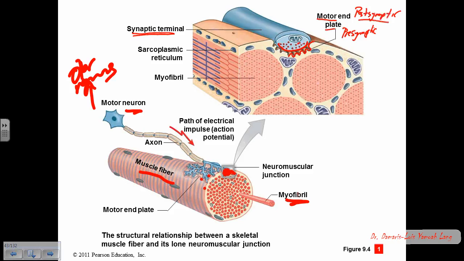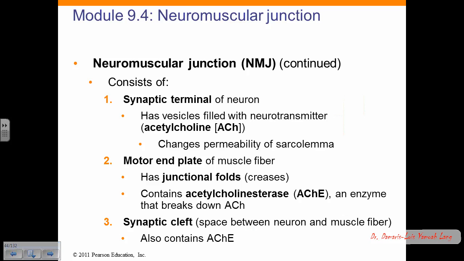Do you see these tiny, tiny dots? Are what? The vesicles containing the neurotransmitter. Okay, so let's keep listening. So the neuromuscular junction again is what? The synaptic terminal or the presynaptic membrane of what? The neuron containing what? Vesicles that have what?